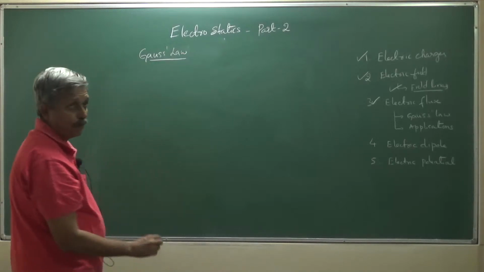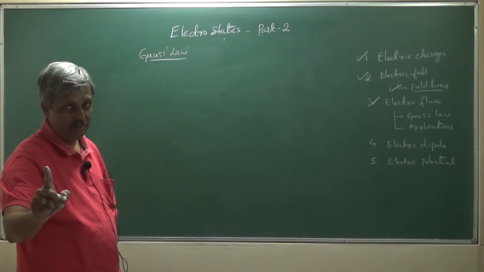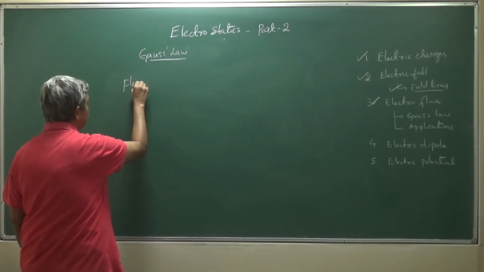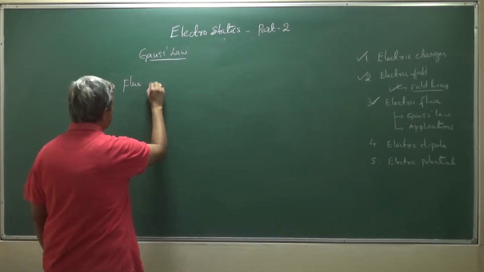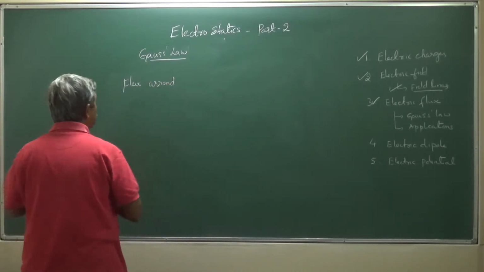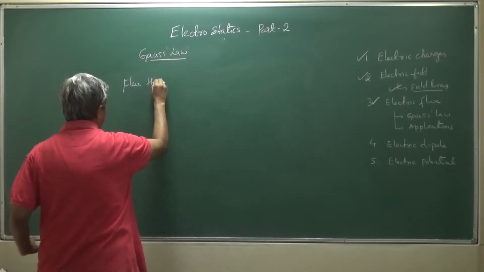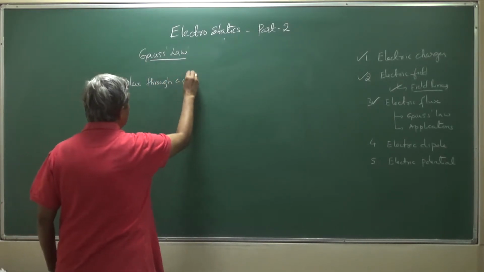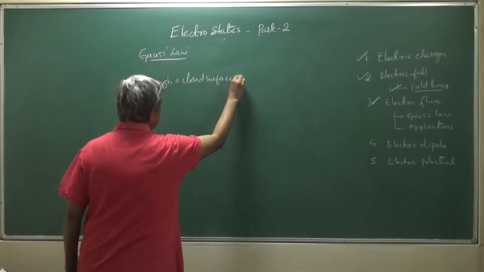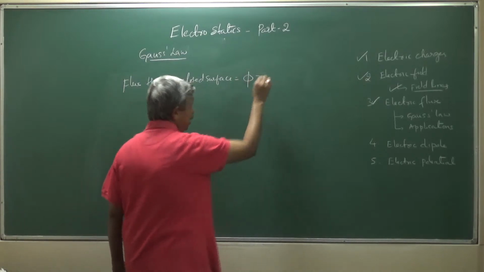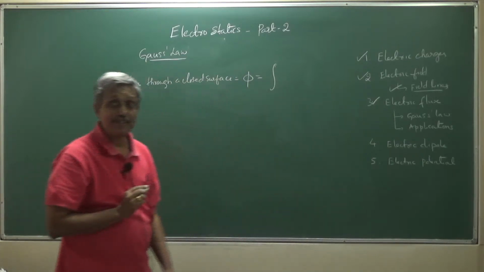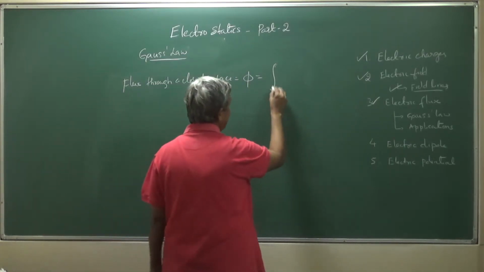So Gauss's law I am going to state in a mathematical way first, and you won't understand. Flux through a closed surface, let us say phi, is given by the integral of, see what we are doing, surface integral.